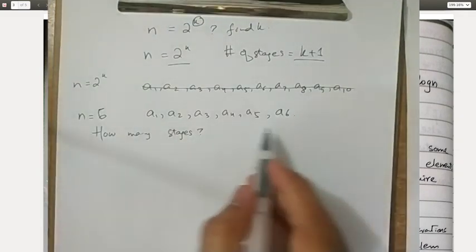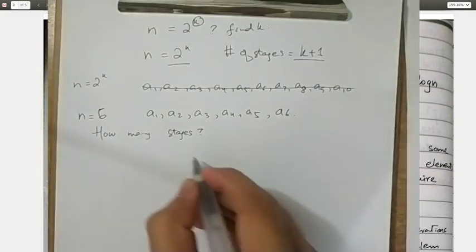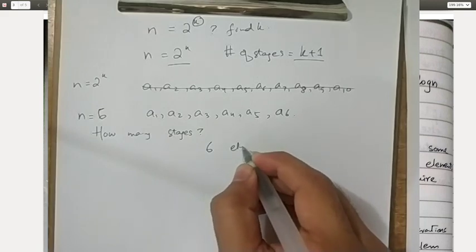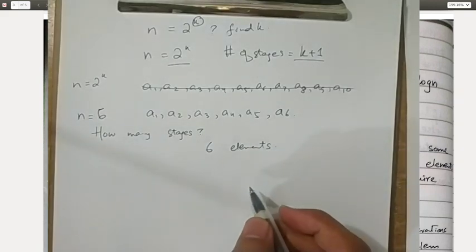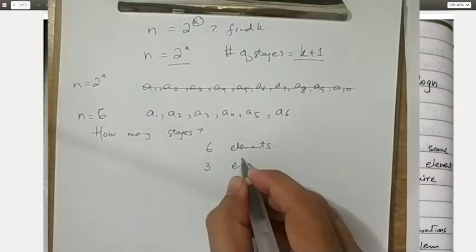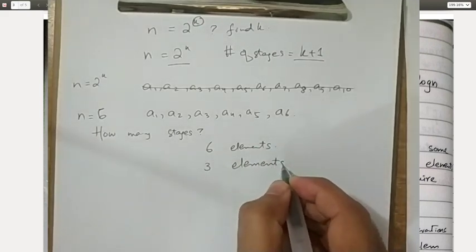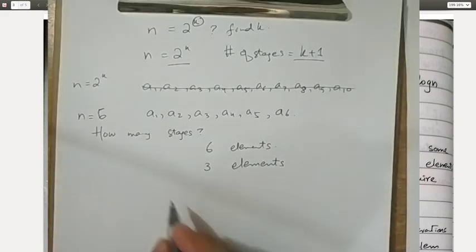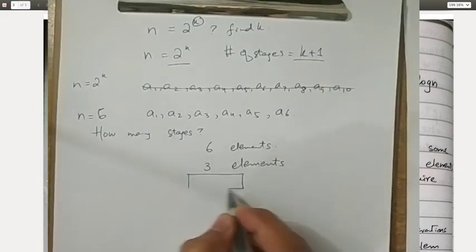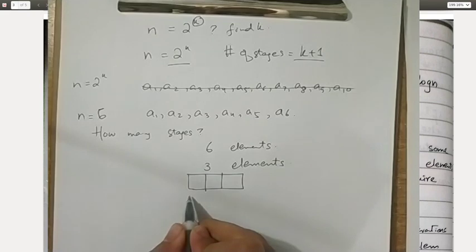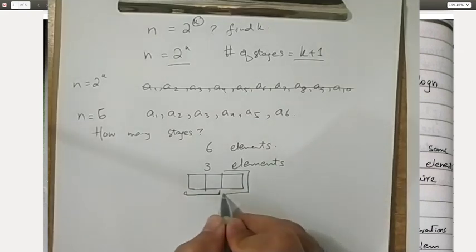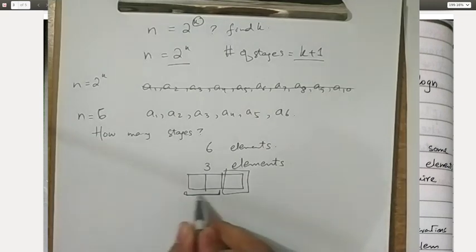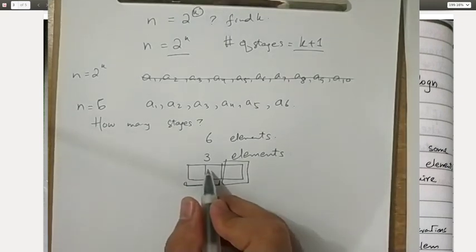So for this one, first I will have 6 elements at the first stage. Then in the next stage, I will have 3 elements. Then in the next stage, when I have 3 elements, I could either get this part of the list, or I could just get this one number. Let's take the worst case scenario. Let's say we get 2 elements in that list.